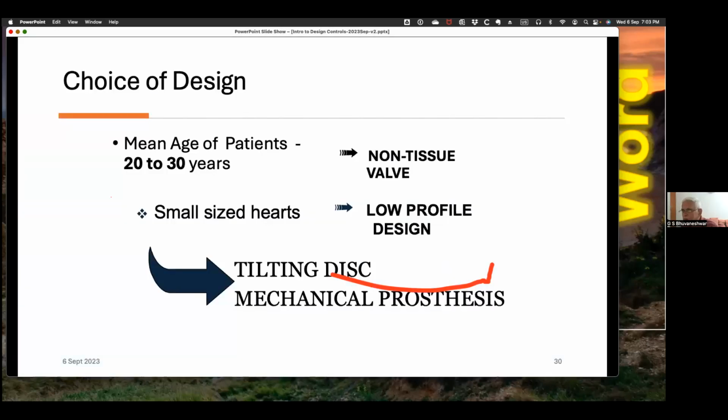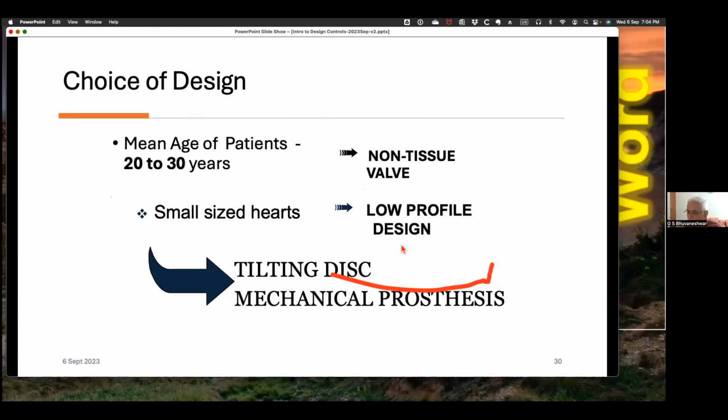So some of our design choices were restricted because the mean age of our valve patients was 20 to 30. This I'm talking about in the 70s. So the concept of a tissue valve, those times pig tissue aortic valves treated in glutaraldehyde were also in the market. But those valves are not suitable for implantation in young people. So we had to go for a mechanical design.